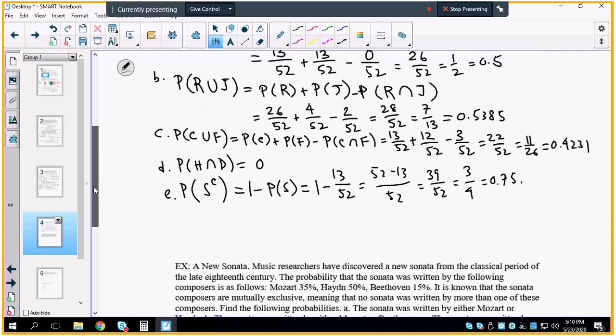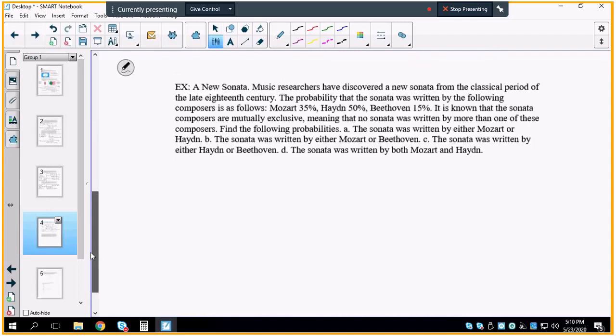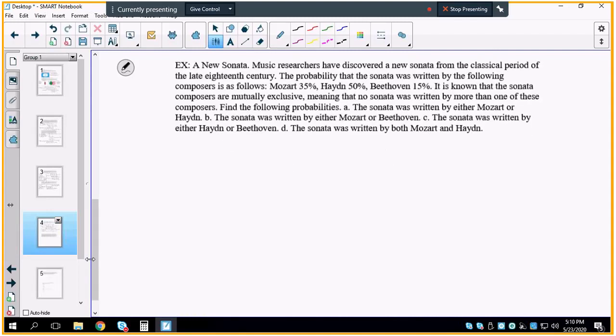All right, we carry on to our next problem, new sonata. Music researchers have discovered that for a new sonata from the classical period of the late 18th century, the probability that the sonata was written by the following composers is as follows. Mozart, so I'm going to use M for Mozart, is 35%.